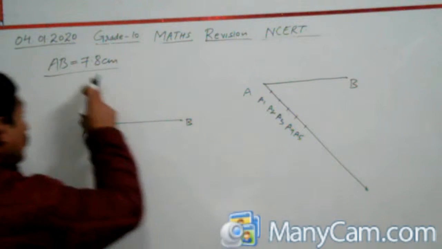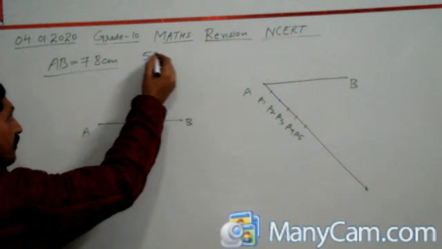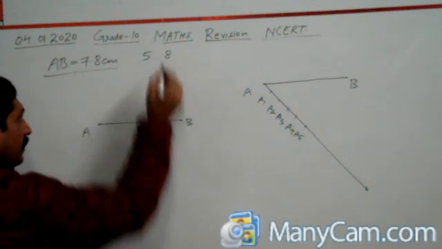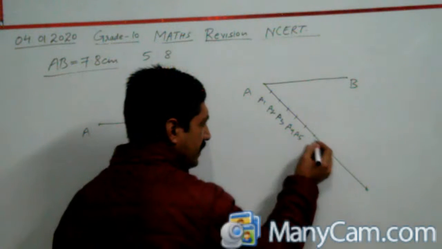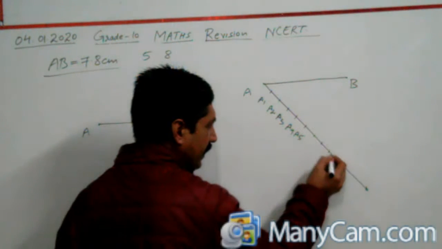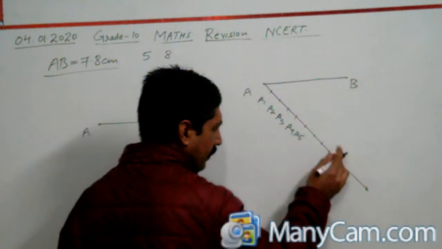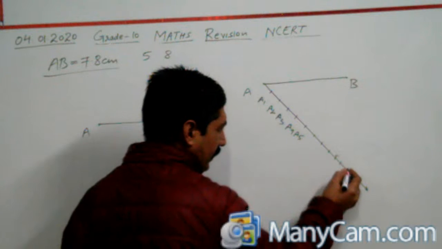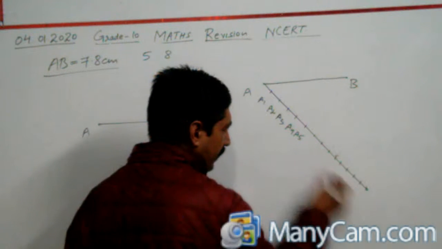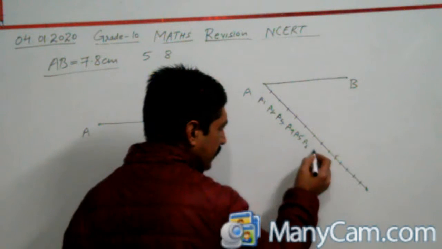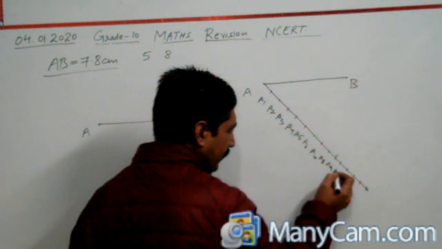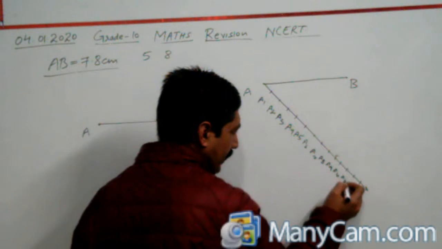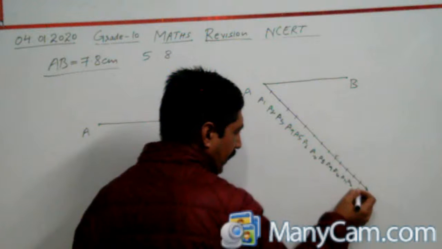Total here the ratio is 5:8. So 13. A5, A6, A7, A8, A9, A10, A11, A12 and A13.